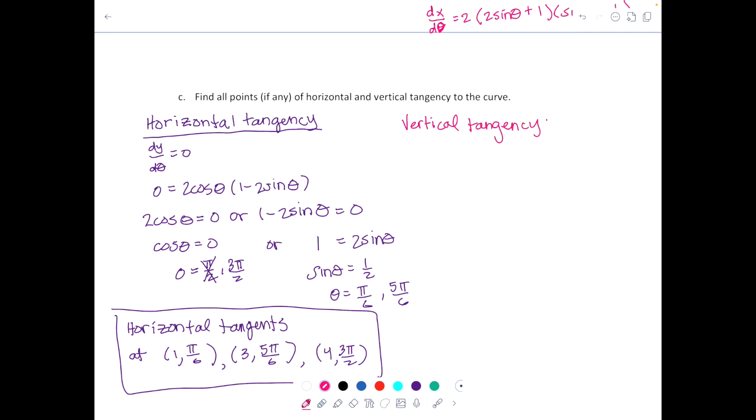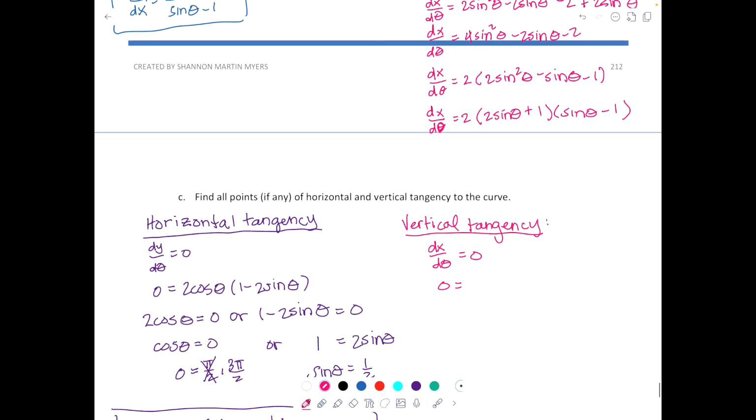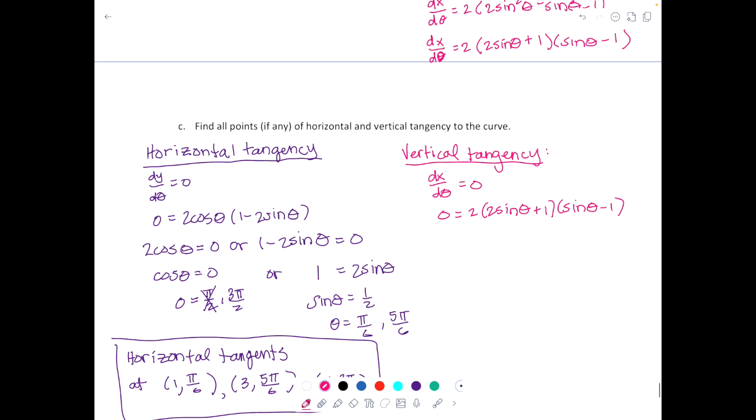We'll look at our simplified dx d theta and set it equal to 0. So 0 will equal 2 times (2 sine theta plus 1) times (sine theta minus 1). The 2 obviously is not the 0 factor, so we'll set 2 sine theta plus 1 equal to 0, or sine theta minus 1 could be 0.